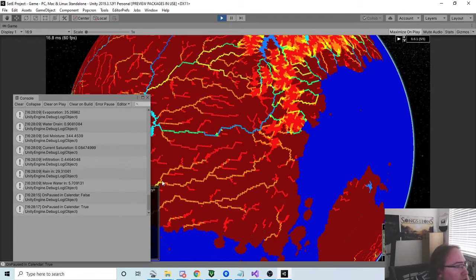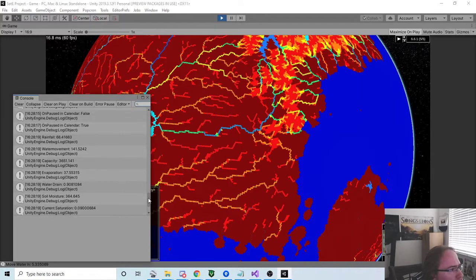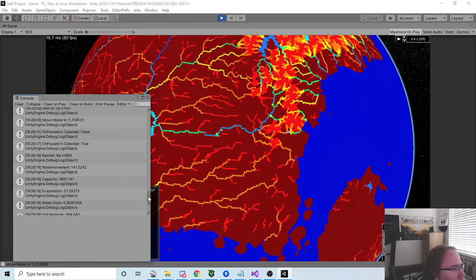Okay, let's see. Rainfall is 68. Water movement is 141. Capacity is 3,651. Evaporation off that water movement is 37. Right, so this is why our water is disappearing.